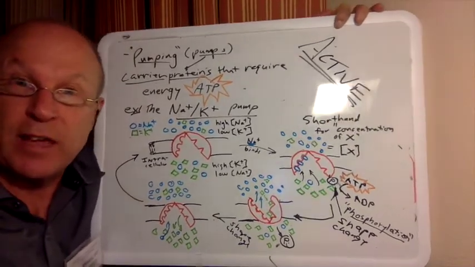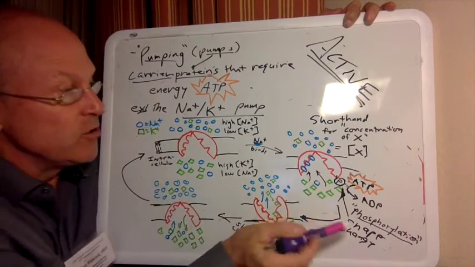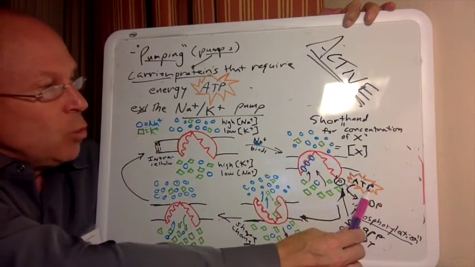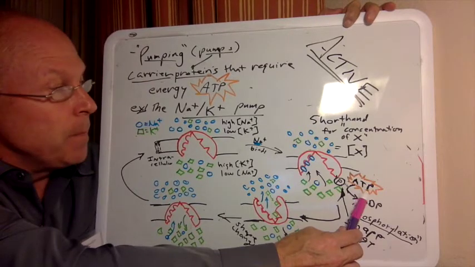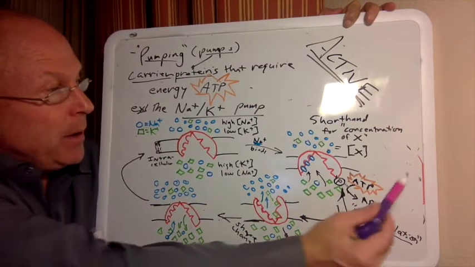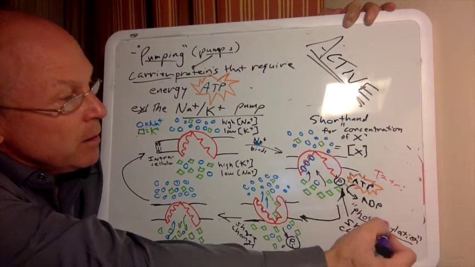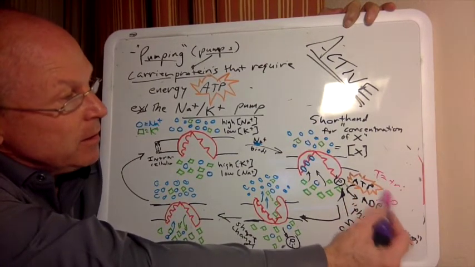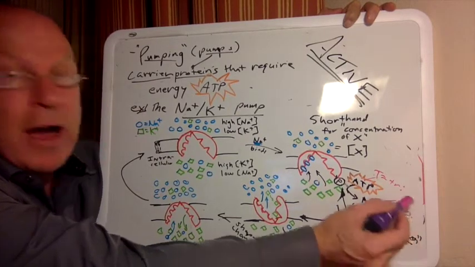Are you guys ready for the key for this? The key for this is to understand that when ATP, which the T stands for tri, becomes ADP, where D equals di.